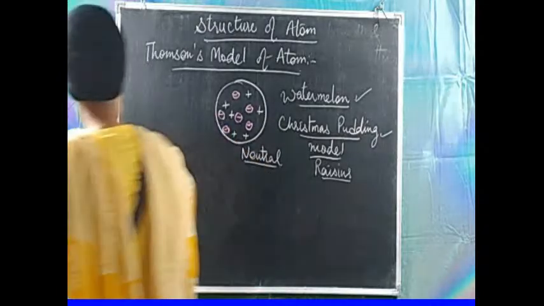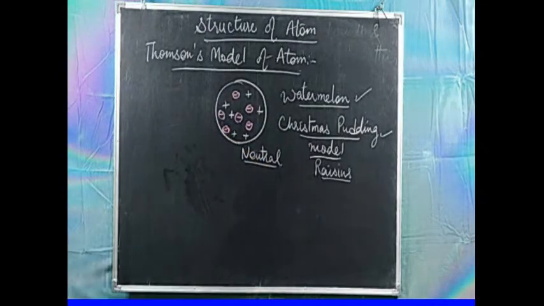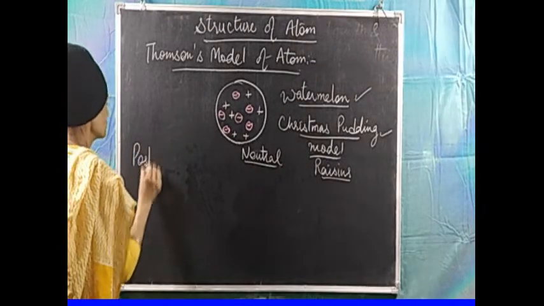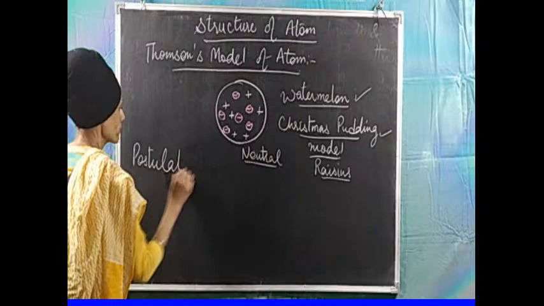So if we want to discuss Thomson's model in the form of postulates, we can take two main postulates.